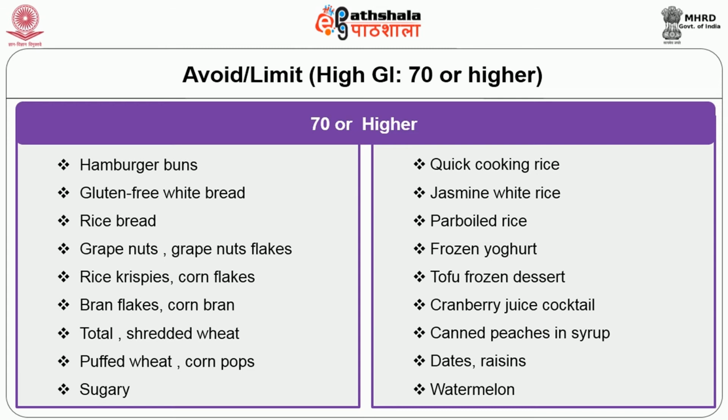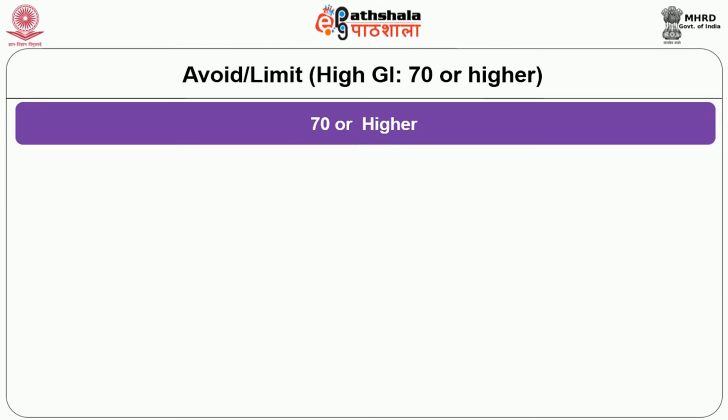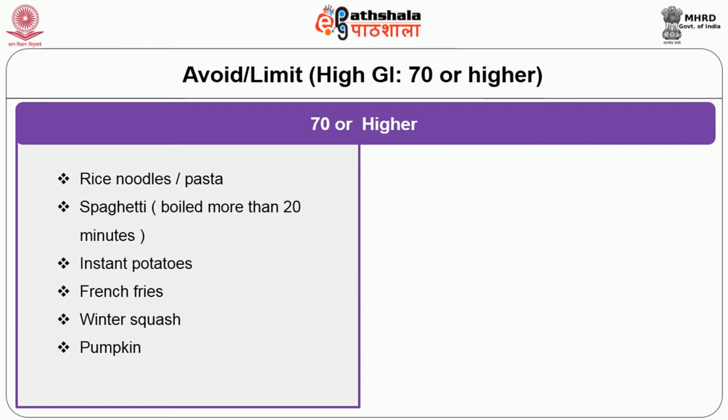Cranberry juice cocktail, canned dates, raisins, and watermelon are all categorized as foods with high glycemic index. Pastas, noodles, and spaghettis are also under this category of high GI foods.